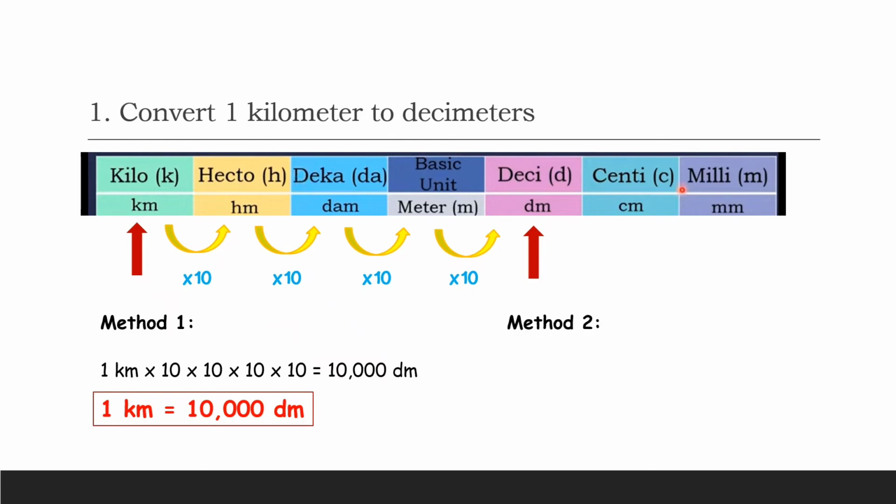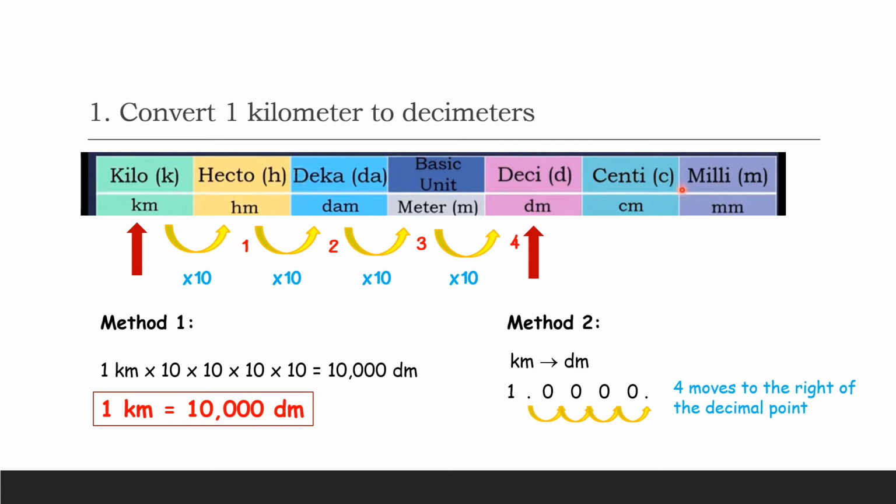For method number 2, we are going to move the decimal point. Since we are converting kilometer to decimeter, we will move the decimal point to the right 4 times. 1, 2, 3, 4.